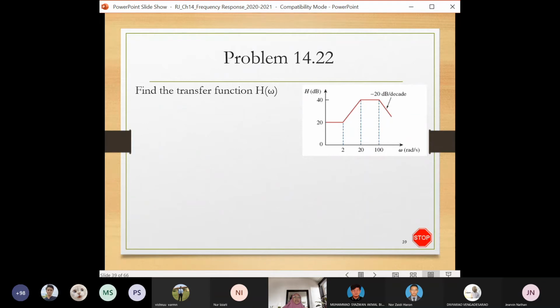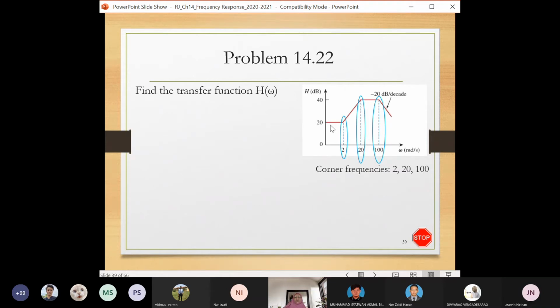Okay. The last one, another example of obtaining the transfer function from a sketch of a magnitude plot. Find the transfer function for this plot. Here you see 2, 20, and 100 as the corners. But you must identify whether they are zeros or poles.